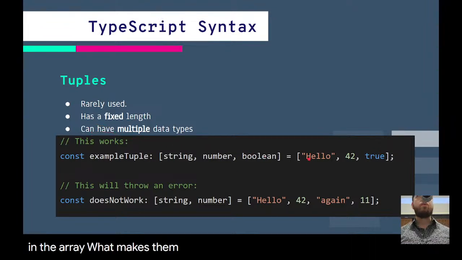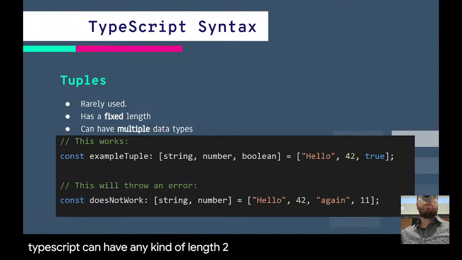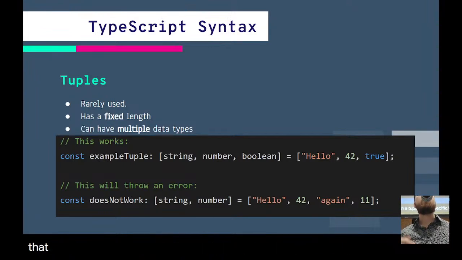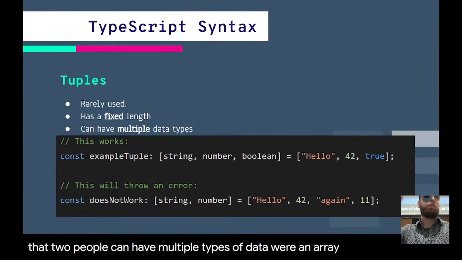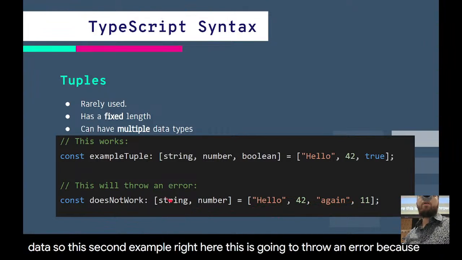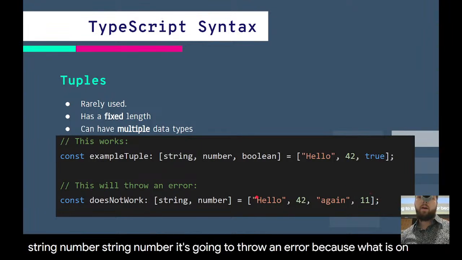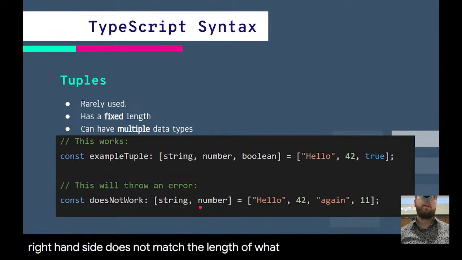What makes tuples different from an array is that an array in TypeScript can have any kind of length. A tuple has a specific length. In addition to that, a tuple can have multiple types of data, where an array can only have one type of data. So this second example right here is going to throw an error, because even though we defined the types as string and number, and we added just string number, what is on the right-hand side does not match the length of what is on the left-hand side.